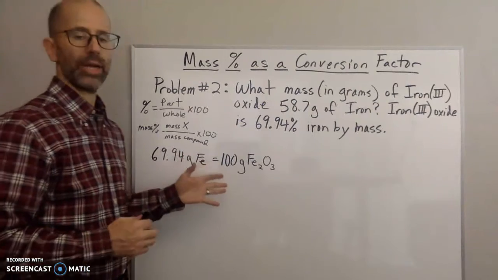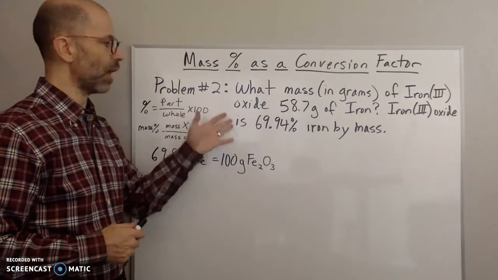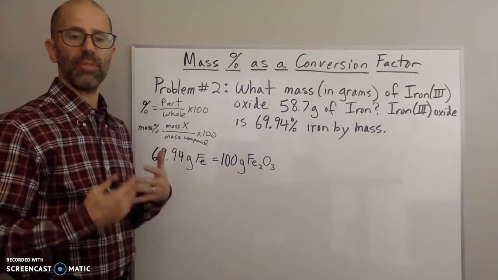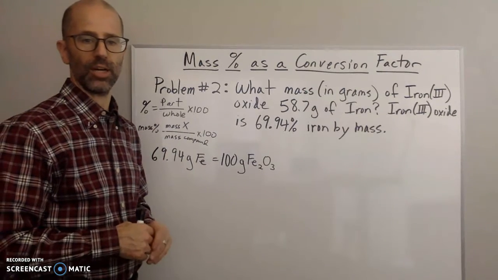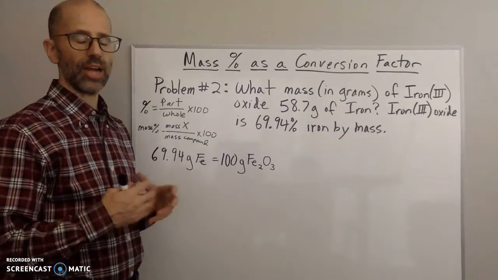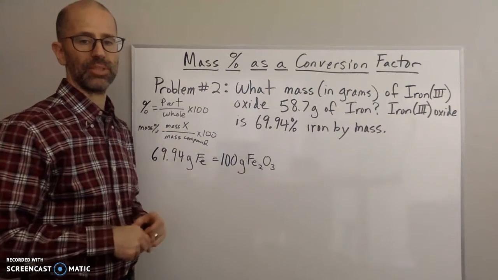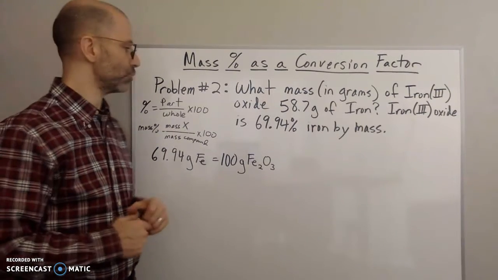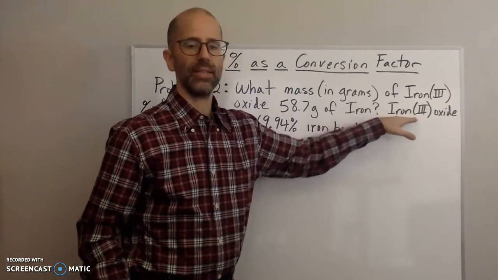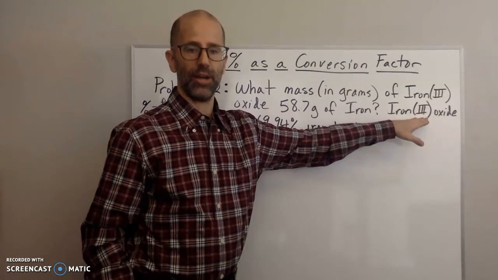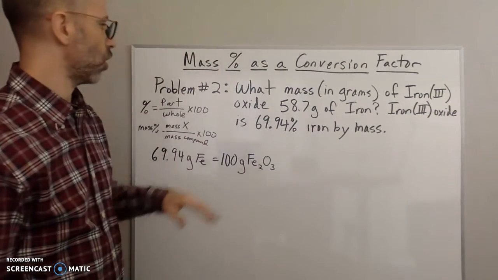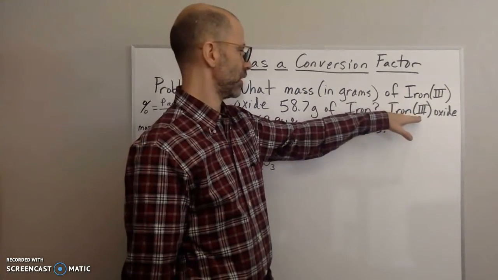One of the things I want to point out really quick is that a problem like this requires that you know the names and the formulas of ionic substances. If you're not strong with naming ionic substances, you need to go back and review. Remember, iron 3 is the name of that iron ion, and 3 tells you the charge, so the charge is +3.